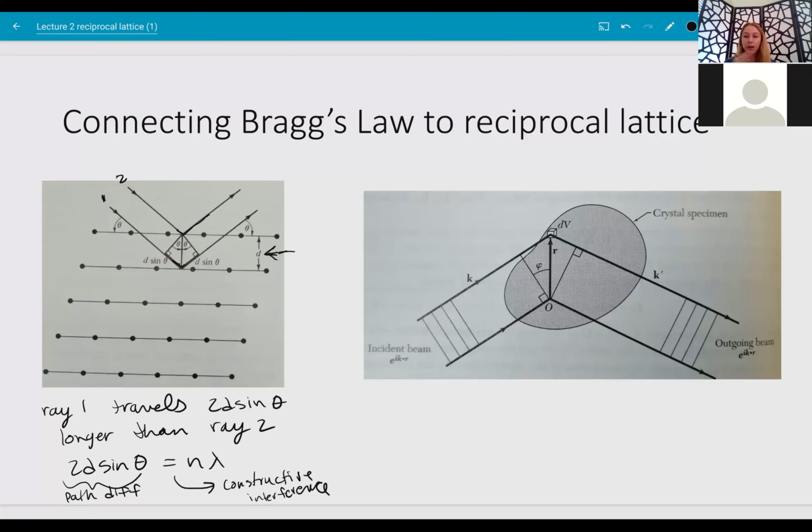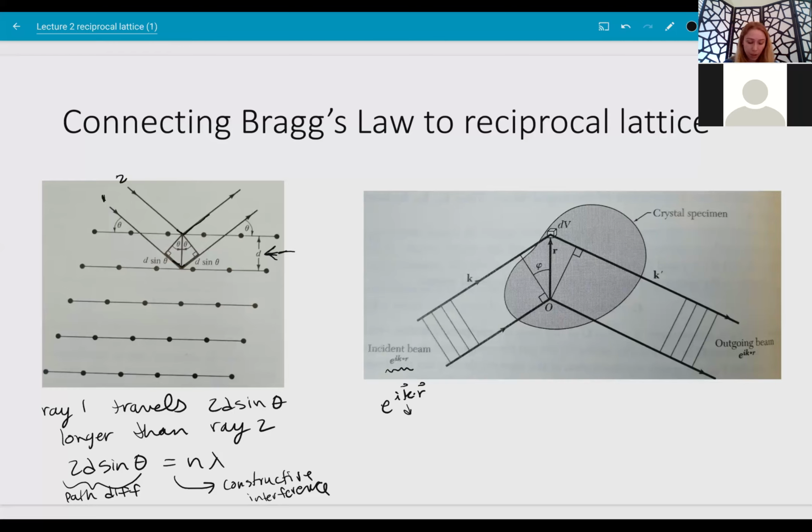We're going to think of our incoming light as plane waves, and the incident beam is described as the complex exponential e to the i k dot r, where the wave vector k encodes information both about wavelength and about the direction the beam is going.